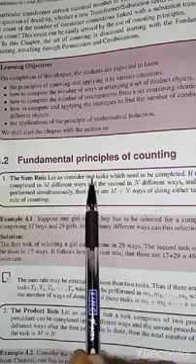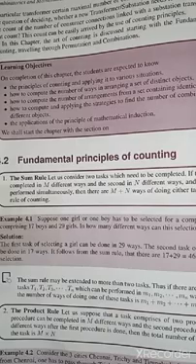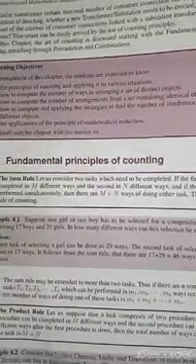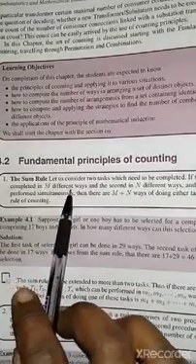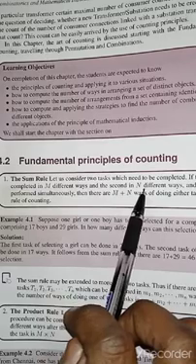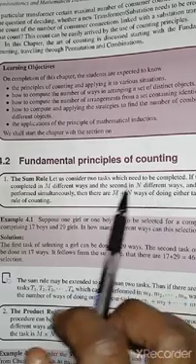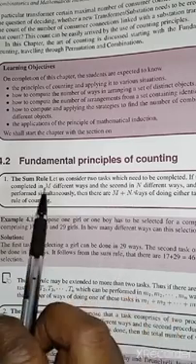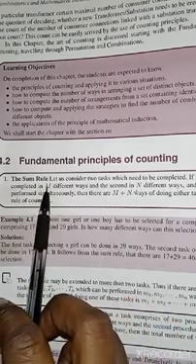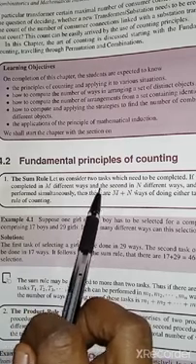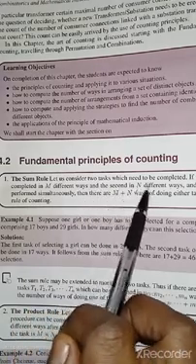If the first task can be completed in m different ways and the second in n different ways, so we are taking two tasks, m and n.